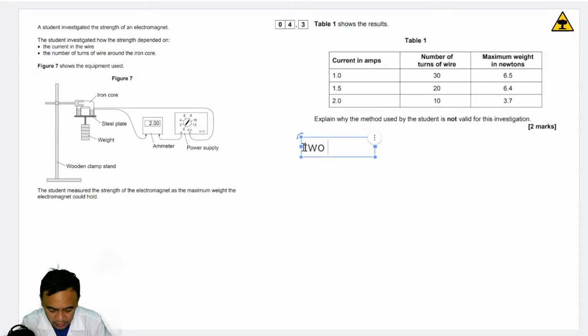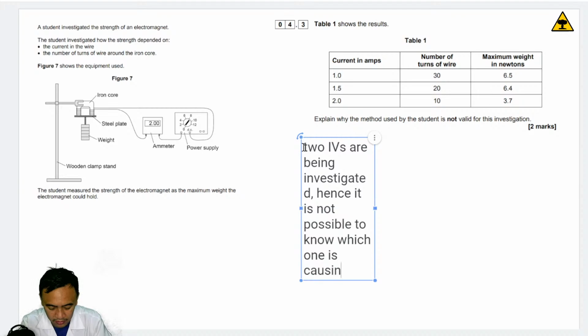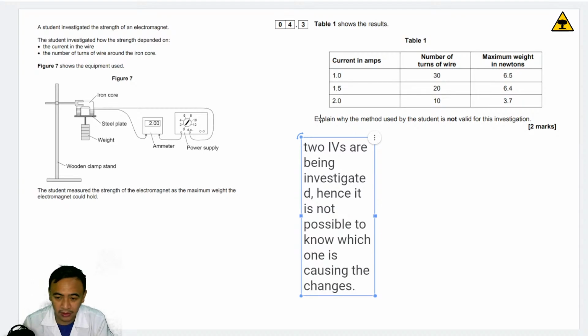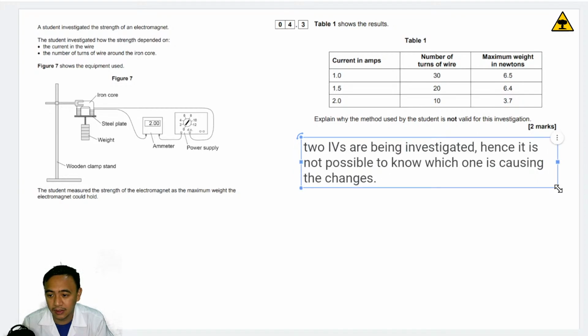Correct. So, two IVs are being investigated. Hence, it is not possible to know which one is causing the change, right? This is again good for 2 marks. Okay, next.